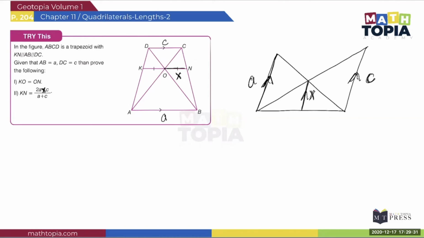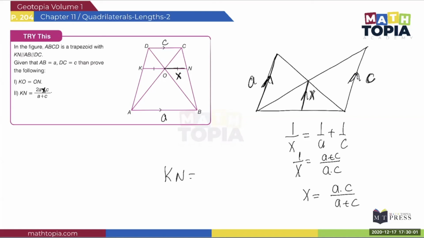If we have these three parallel line segments, then 1 over x is going to be 1 over a plus 1 over c. Then 1 over x is going to be a plus c over ac. Then x is going to be ac over a plus c. Then the value of KN is going to be 2x, which is 2ac all over a plus c.